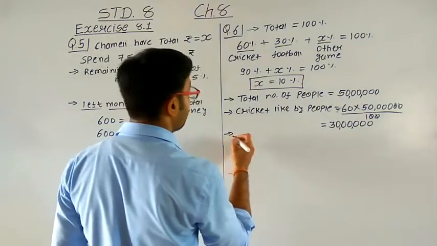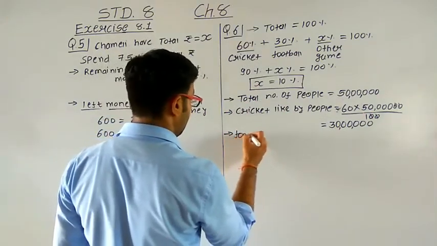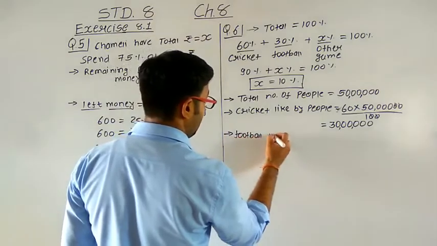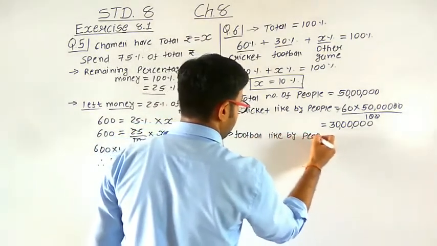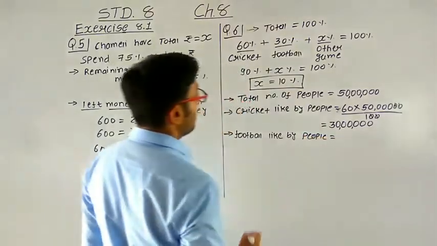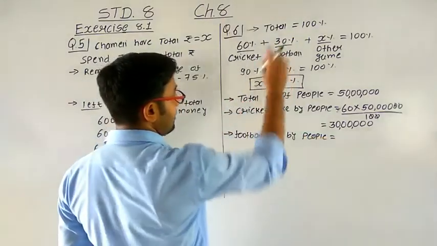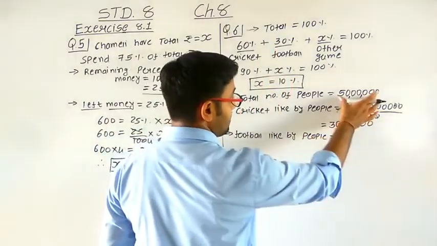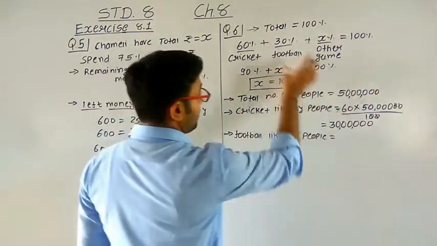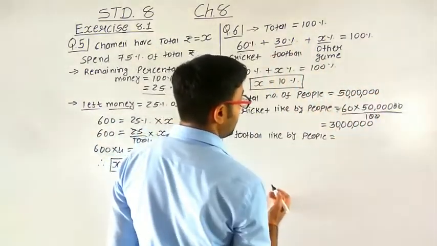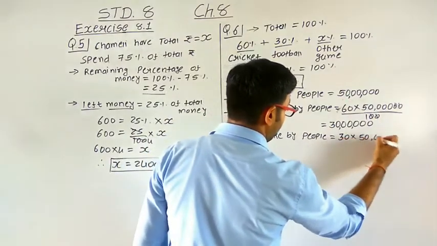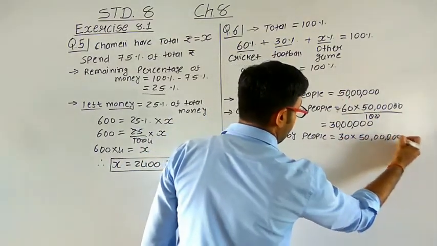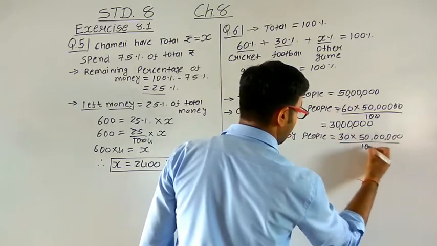Okay, in the same way, football. Football liked by people equals how much? The percentage of football is 30. So the total number of people is 50 lakh, so 30% of this 50 lakh is equal to 30 into 50 lakh upon 100.